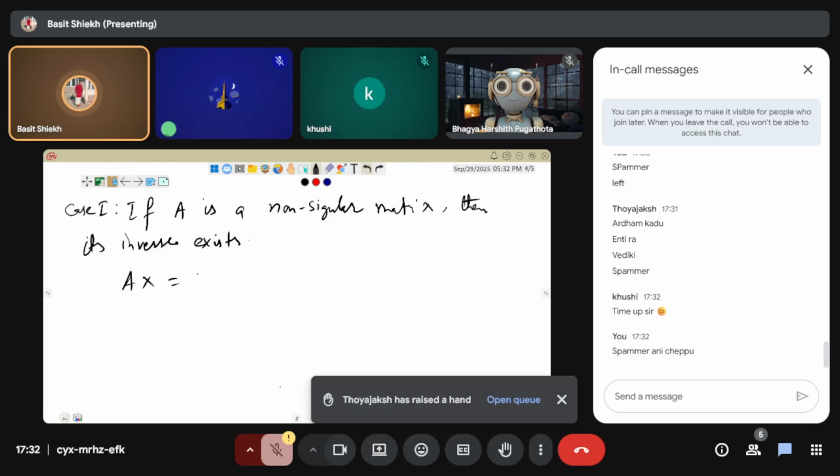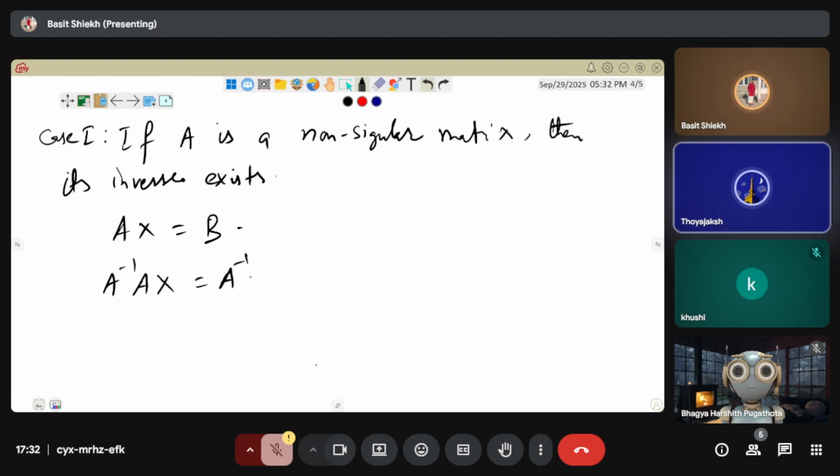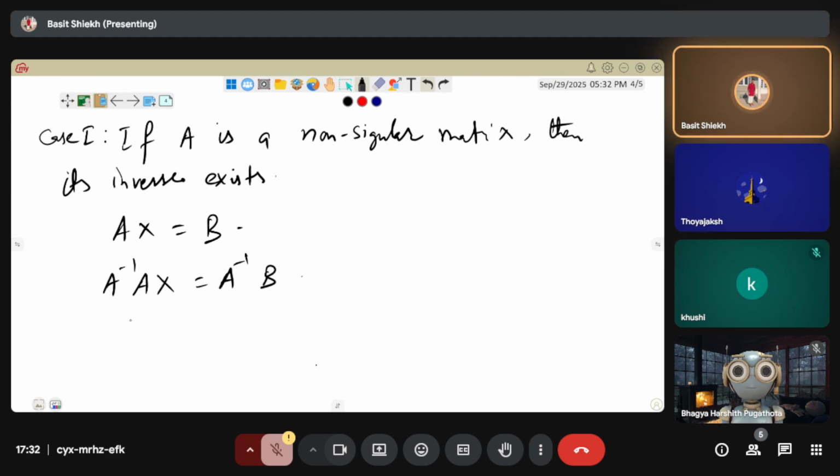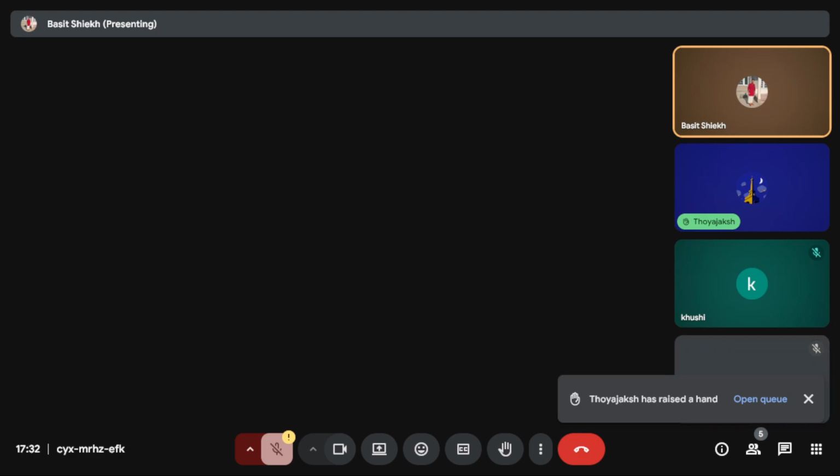We can write Ax equal to B. Since the inverse exists, we can operate A inverse on both sides. So this is A inverse A X equals A inverse B, that is I into X equals A inverse B, which implies X equals A inverse B.